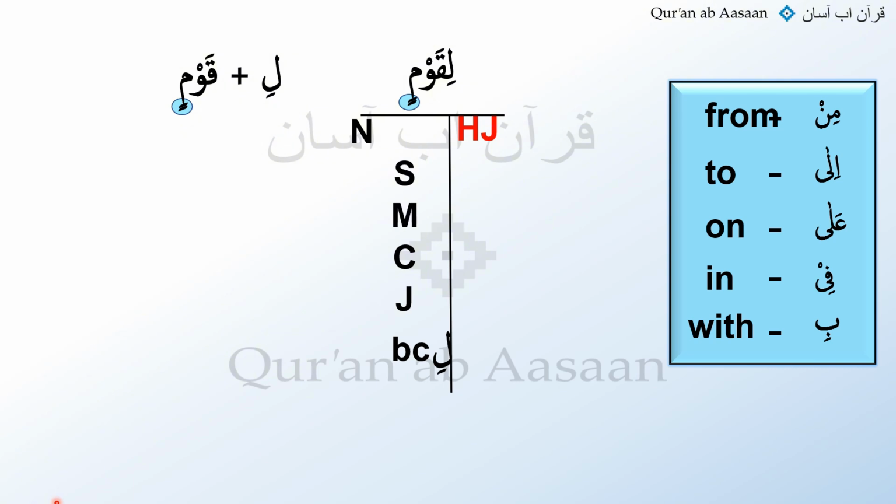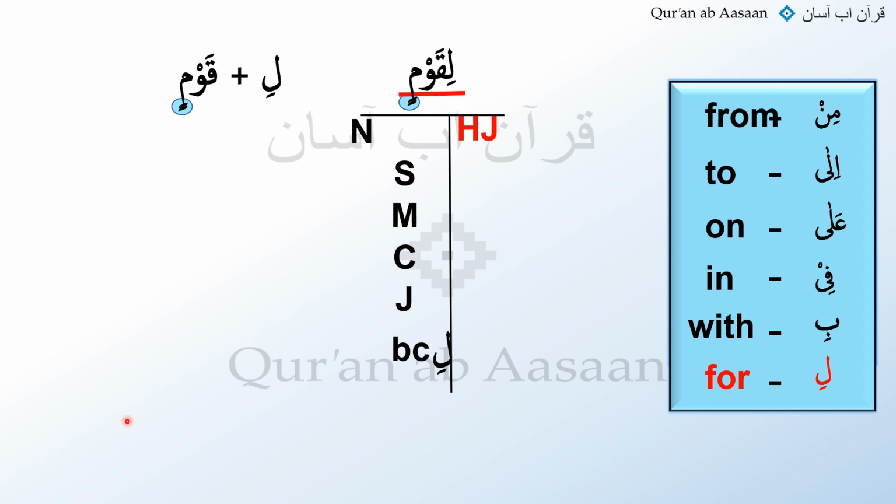Yes, but how do we translate it? We don't know the meaning of li. Let's add it to the list as well and see what is the meaning. It is for. So li means for. And how do we translate it now? Oh, sorry, before we translate it, good point, good pickup. Now that we know that it is a harf jar, li, and qawmin, the noun coming after it, is in jar.